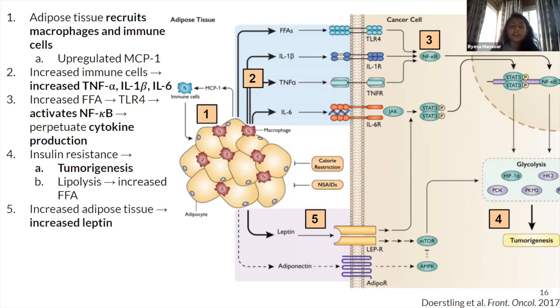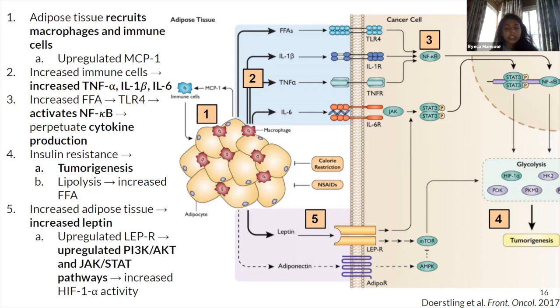And then in step 5, also just to bring in again those obesogenic hormones, with increased adipose tissue, you're going to see increased leptin in obese individuals, also increased leptin resistance. So there's going to be upregulation of this leptin receptor on the cancer cells. And then this is also going to result in upregulated JAK-STAT pathways, PI3K, mTOR pathways that we talked about earlier.